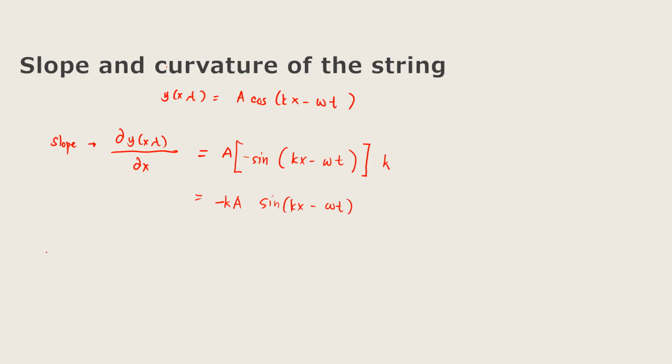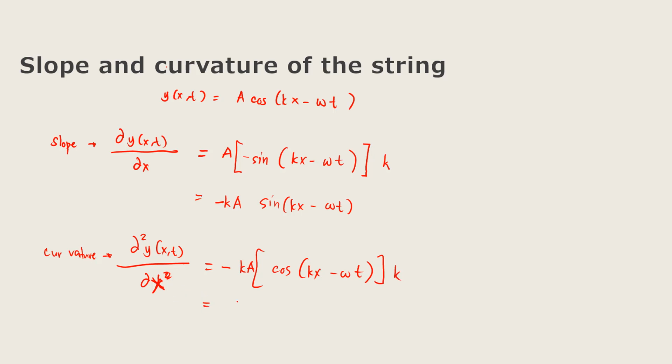And then the curvature of the string can be obtained by taking the second partial derivative of the displacement with respect to x, that is, the second partial derivative with respect to x squared. So we copy negative kA, and then the derivative of the sine function, so we have cosine (kx minus omega t) multiplied by k.